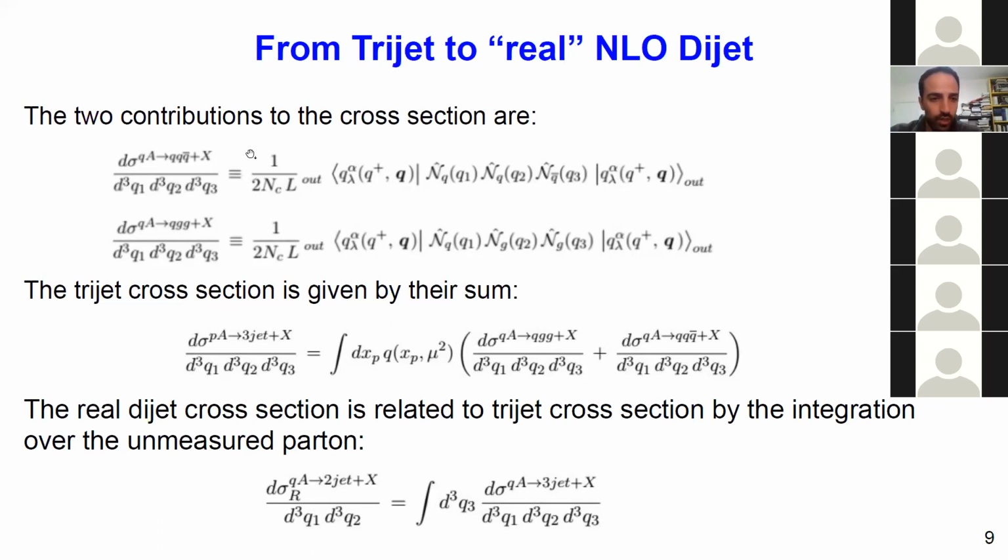Once we have these results, which I'm going to show you more explicitly in the next slide, we can convolute them with a PDF and find the trijet cross section. Then, as I'm going to discuss later on in my talk, we can integrate over one of the partons and make a transition from the trijet to the case of real NLO dijet.